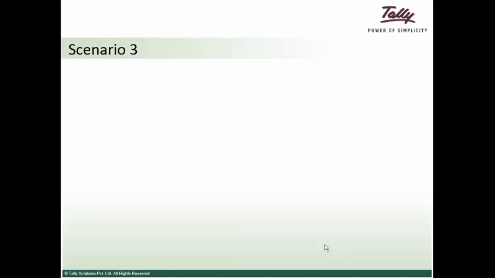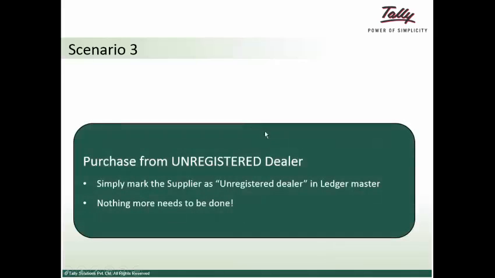Let us look at the third scenario, purchase from unregistered dealer. When you purchase from an unregistered dealer, all you need to do is mark the supplier as unregistered in the ledger master.